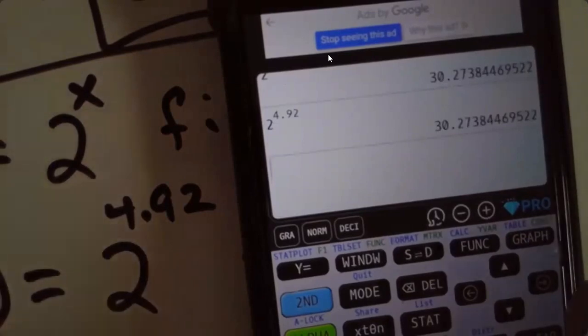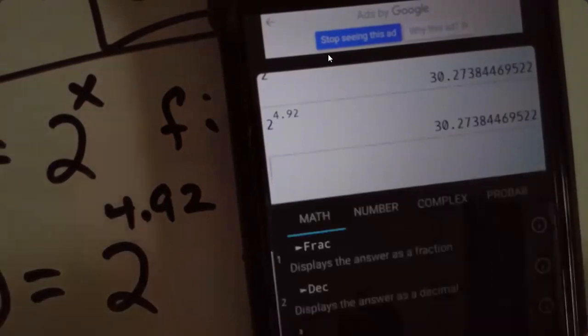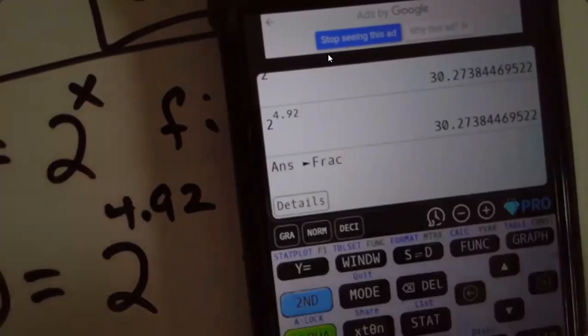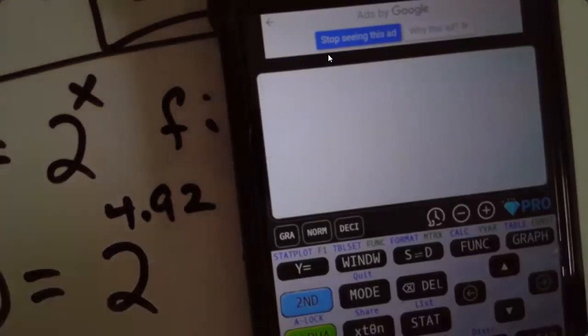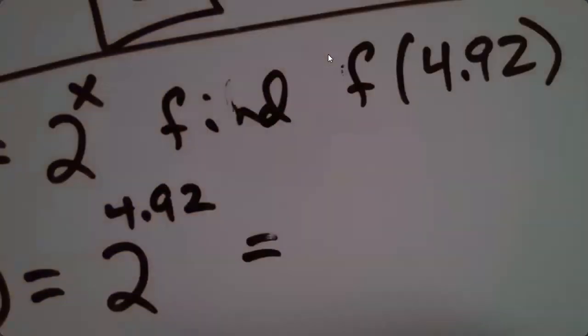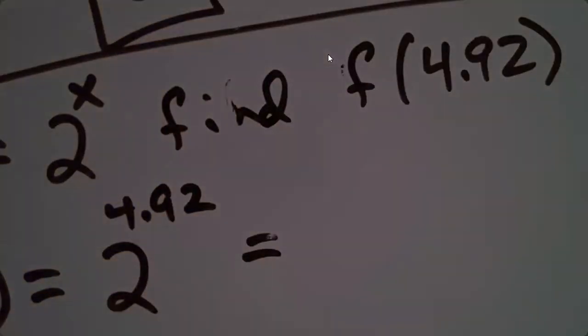Okay, and then you can hit math, fraction, and you get 16. Oh, okay, so you can't get a fraction from that. But anyways, you get a decimal. We'll call it 30.27.